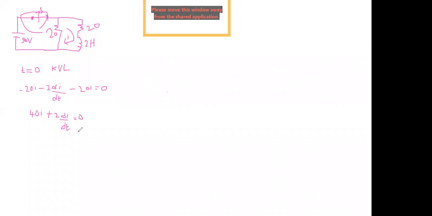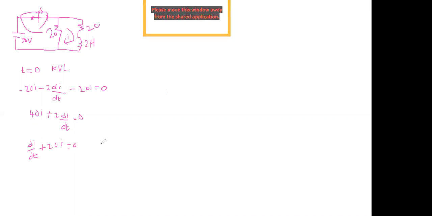In this equation, 2 is common, so finally we get di by dt plus 20I equal to 0.